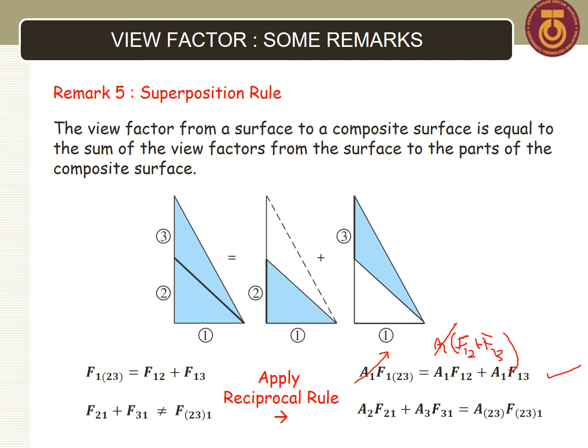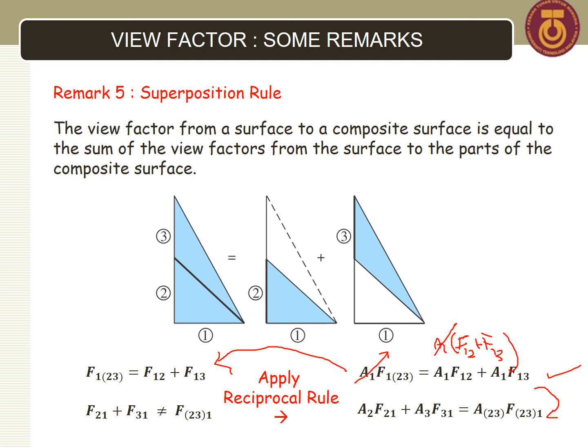So at the end you will get F123 equals F12 plus F13. But the same thing cannot be done here. While this is true, you cannot take A2 out or A3 out, because A2 and A3 are different.